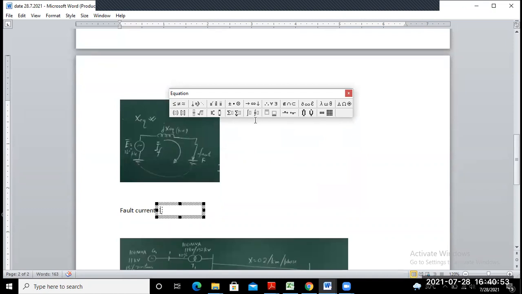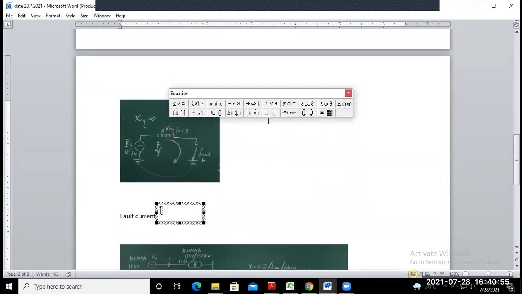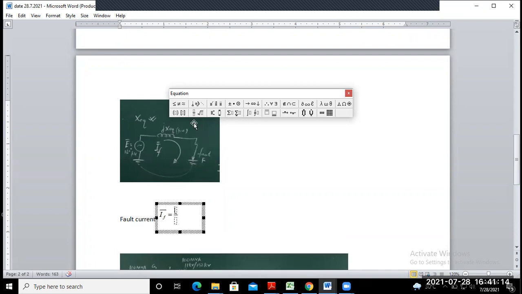So fault current, that is represented by IF, equal to E divided by reactance value, means JXE. E in per unit, that means 1 at an angle of 0 degree.